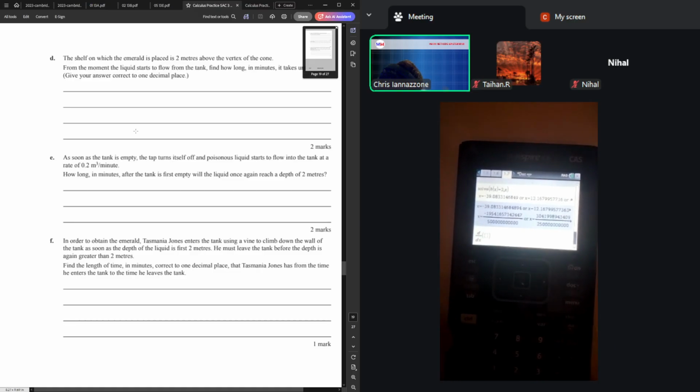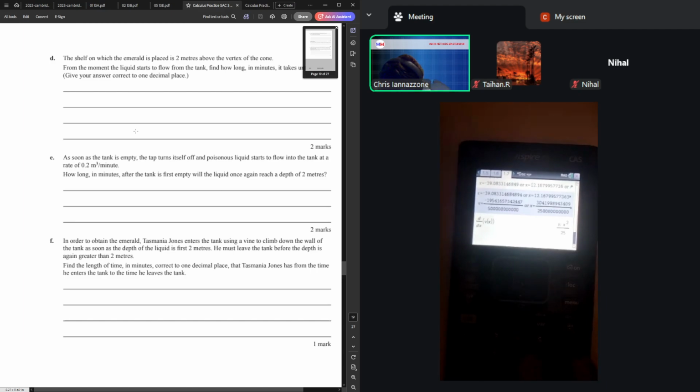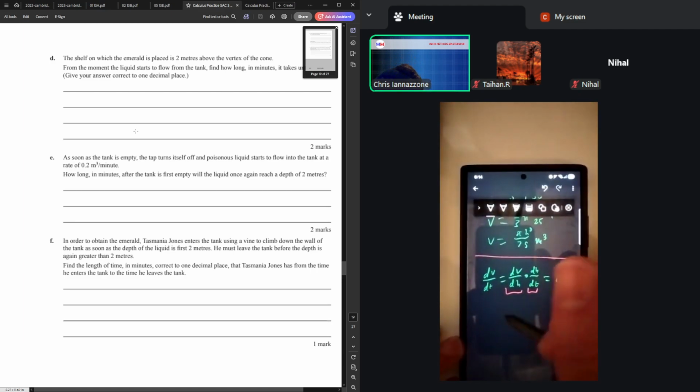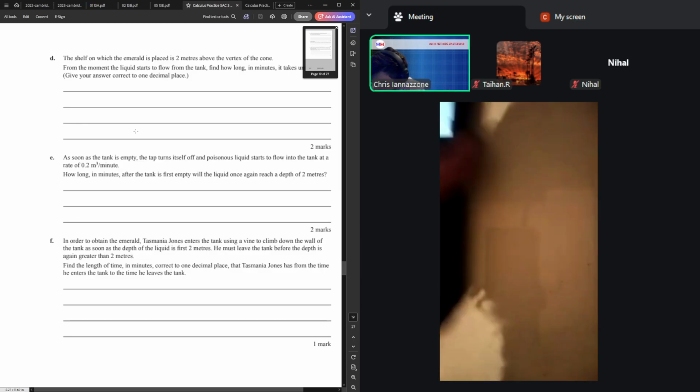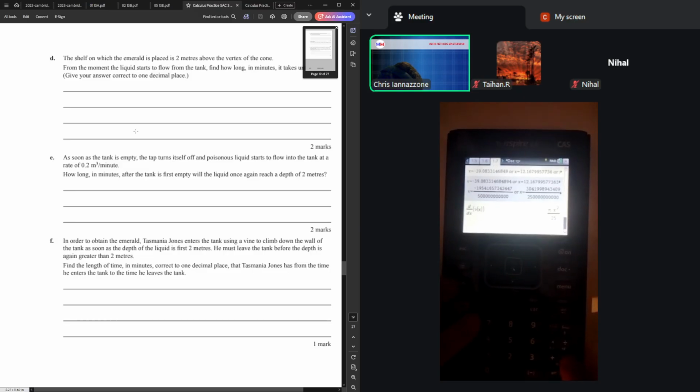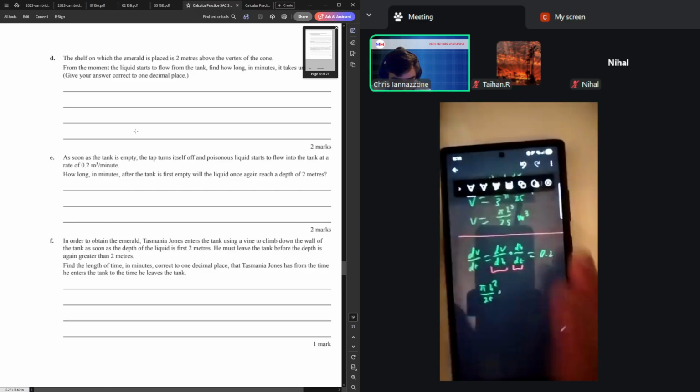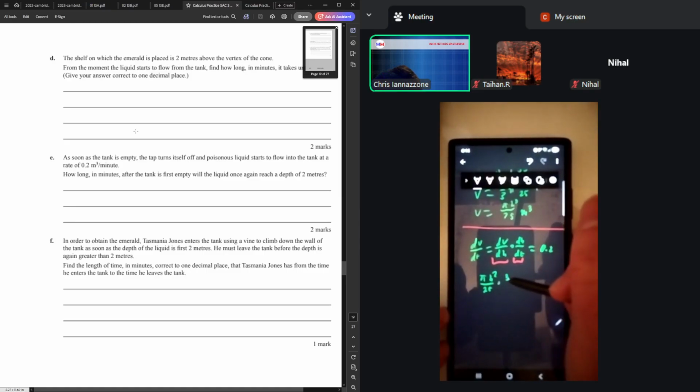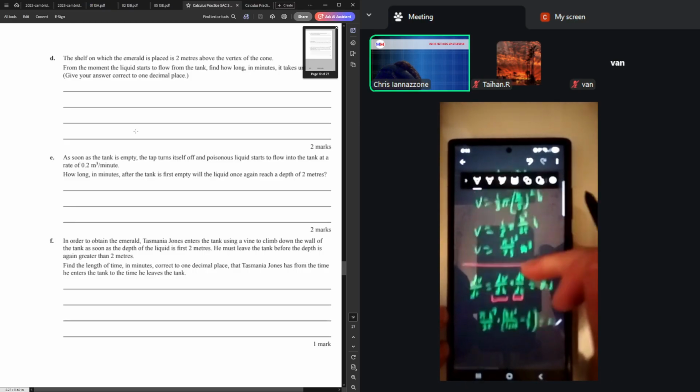So V is going to be pi h squared on 25, and then our dh dt I don't think we actually ended up getting because we're doing a slightly different approach to it. dh is going to be, in terms of time, this one, 3t squared on 1600 minus 3/4. That equals 0.2.